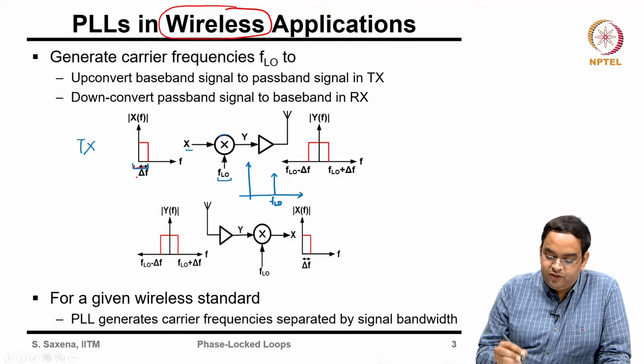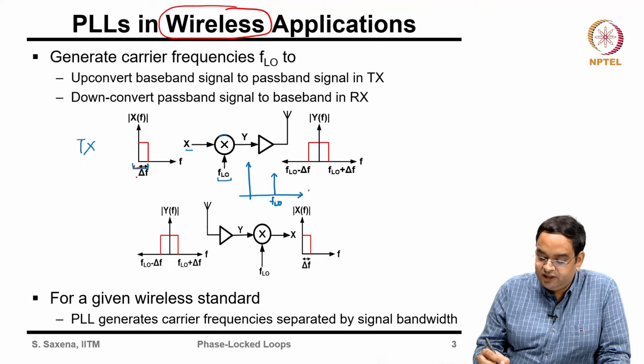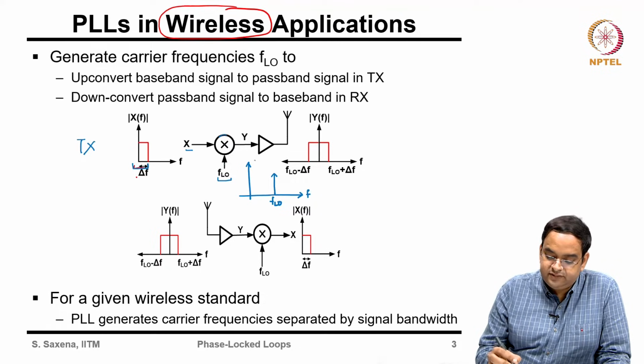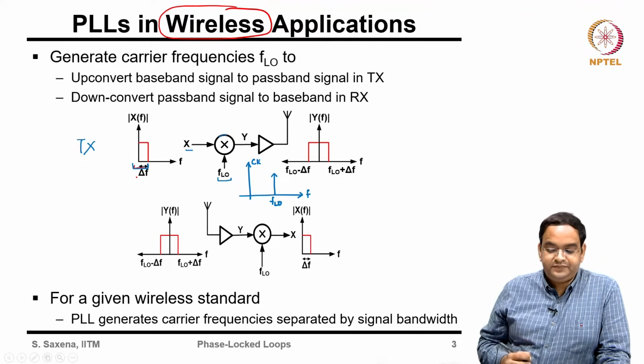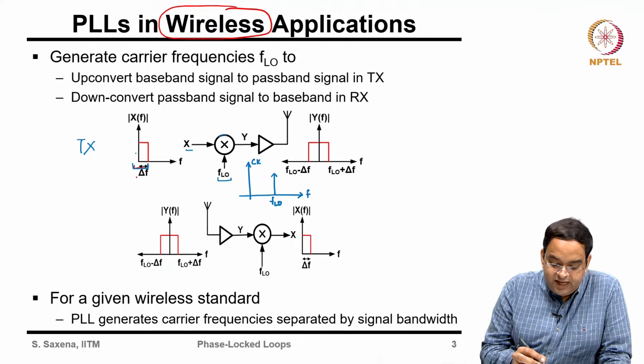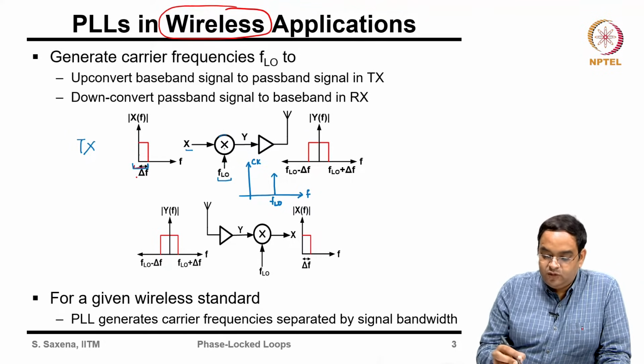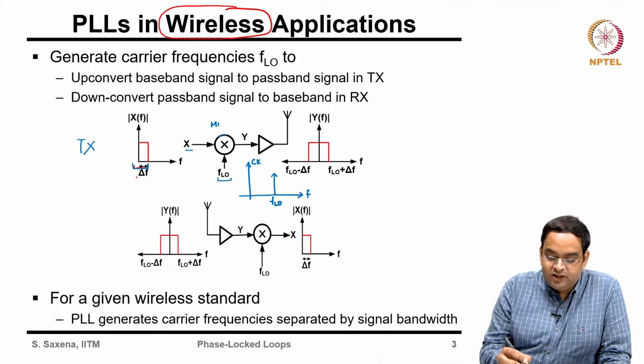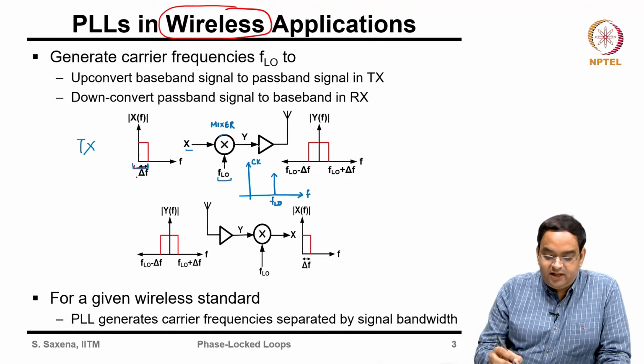If you look at the frequency content of this FLO signal, it is this. Okay. So, you multiply the baseband signal with the clock signal on the transmitter side through a mixer, and then you have a power amplifier which is PA, and you transmit this signal.